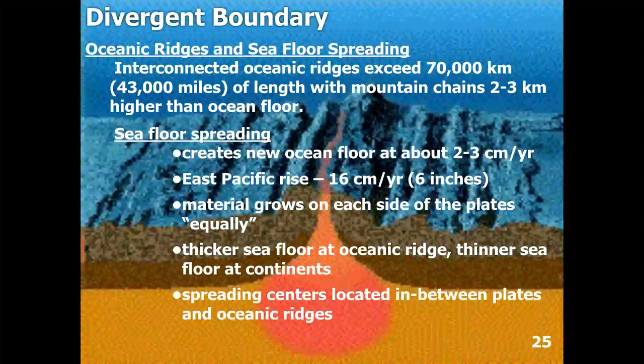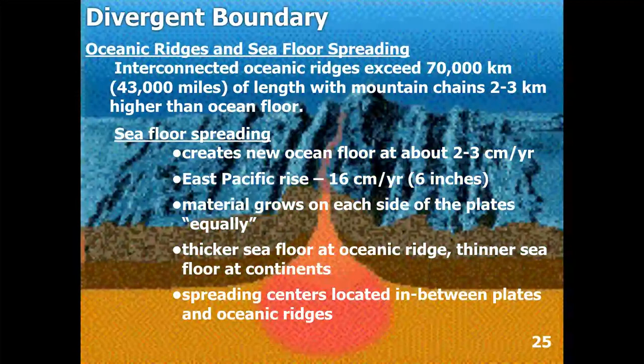And so when we look at a divergent boundary, we look at these interconnected oceanic ridges that exceed about 43,000 miles of length that kind of circumvent and wind their way around the ocean floor. And these have volcanoes and mountains, with some mountains being 2 to 3 kilometers higher than the ocean floor. So these oceanic divergent boundary ridges are pretty impressive.